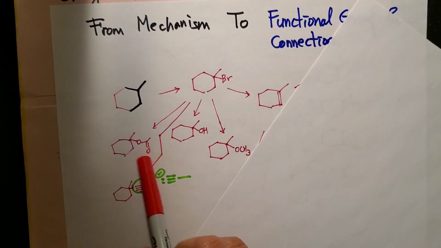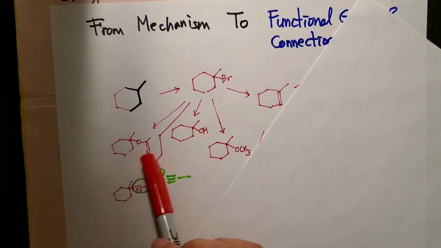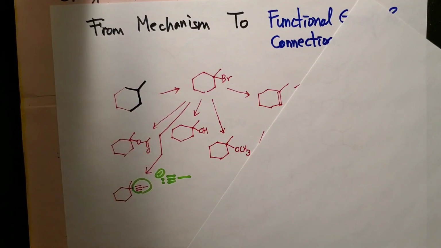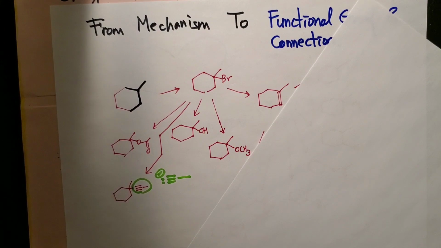So then, even ester: this alkyl group is on the oxygen, and the carbonyl group with the methyl group, that's an ester. So you can create an ester out of it. These are only a few examples of functional groups, but you can create a lot more variations with a different number of carbons on the product.